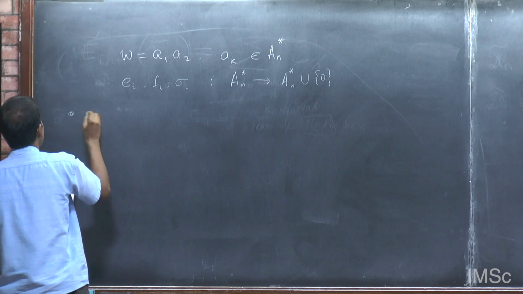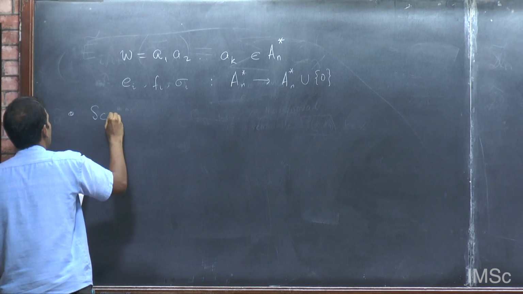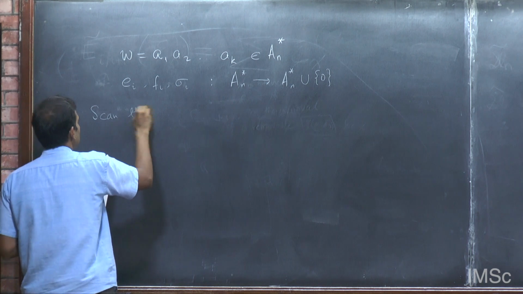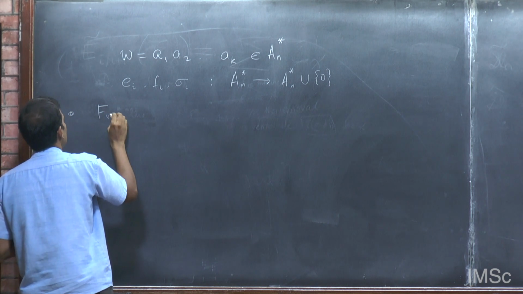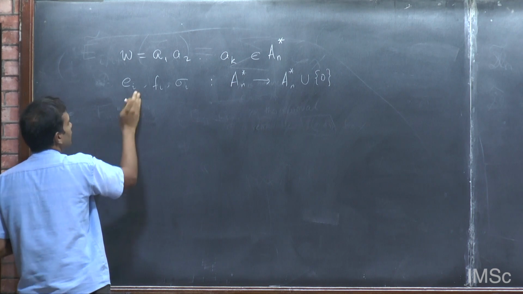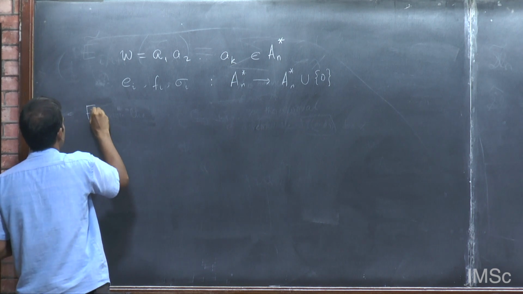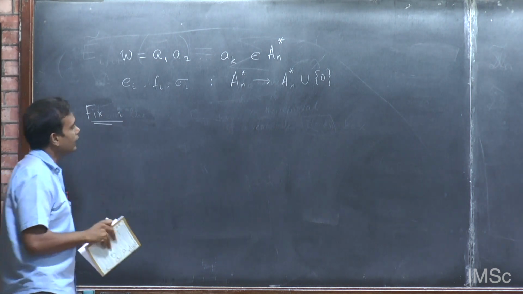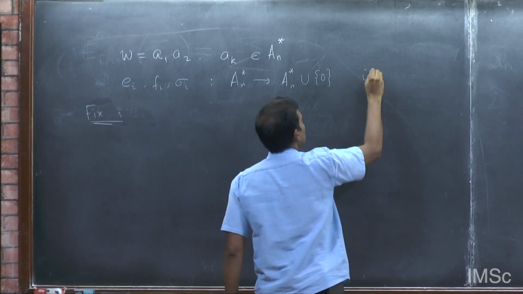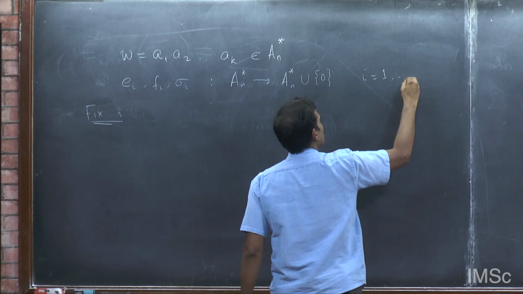So, let me give you the algorithm. So, scan the word first. Okay. So, first freeze. So, I am going to define this. Let us fix i firstly. Okay, so, I will define it for each i, and this i goes from 1 to n minus 1.